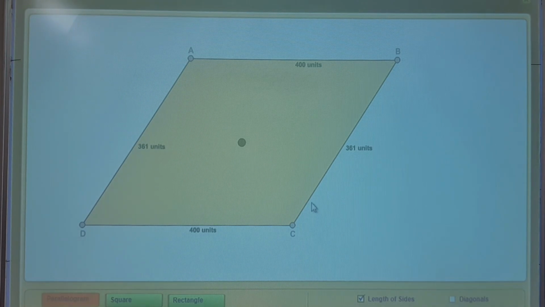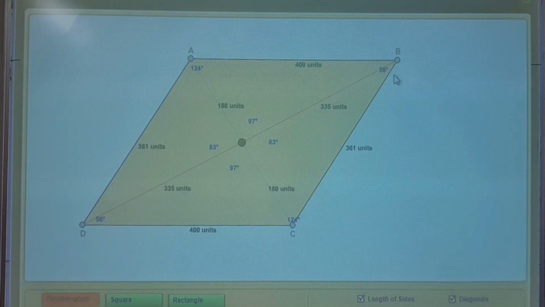AD and BC are parallel, AB and CD are parallel. Then diagonals bisect each other. Diagonals, these are the diagonals, DB and AC. Again here they bisect each other, but not perpendicular. Perpendicular means everywhere it will be 90 degrees. So, here diagonals bisect each other. Then what about the angles, children? Opposite angles are equal.